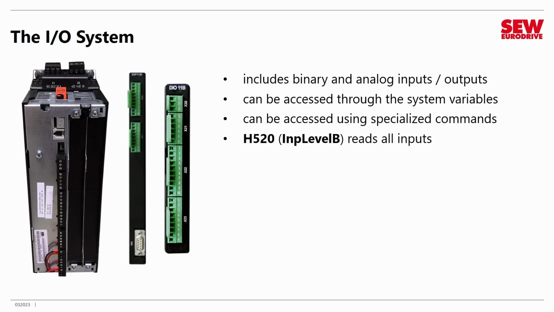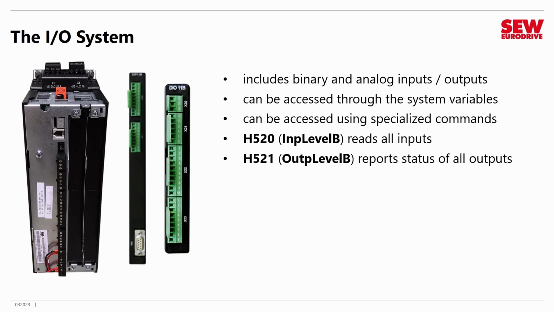So for example, H520, which is called INP level B, reads all the inputs, both the built-in ones and the option ones on any installed cards. So you can read all the binary inputs and just see what their state is. There's H521, OUT P level B. It reports the status of all the outputs, both the built-in and the ones on the option cards.